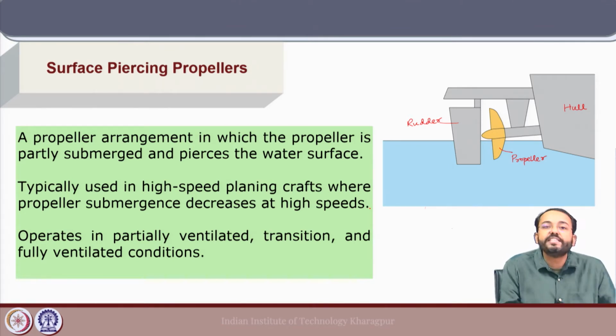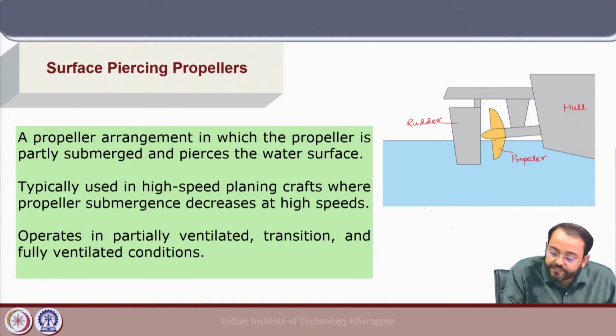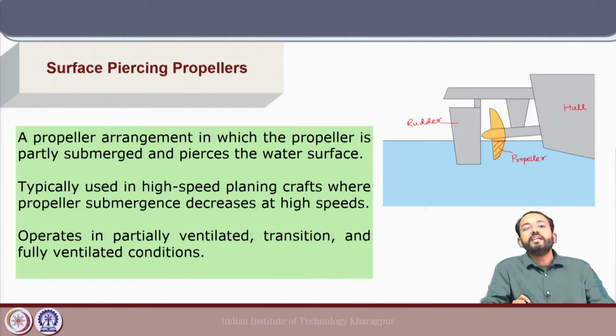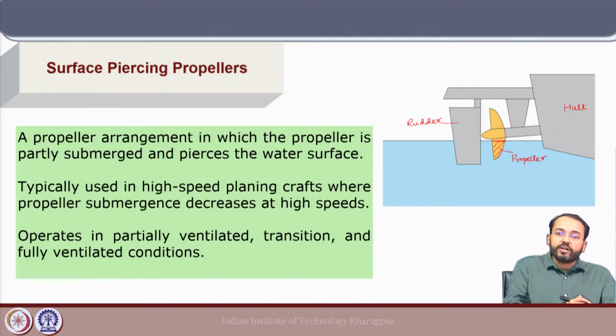So, during any specific operation condition, for a surface piercing propeller, only a small part of the propeller is immersed and the rest of the part is out of water.